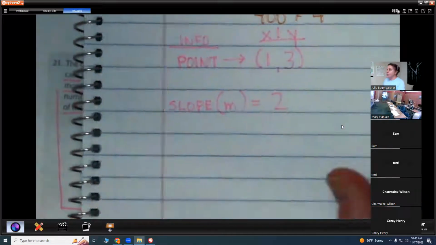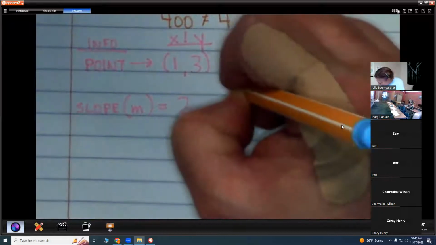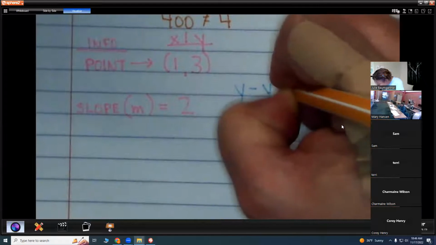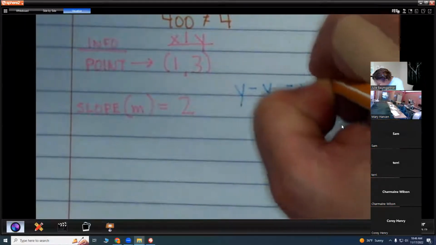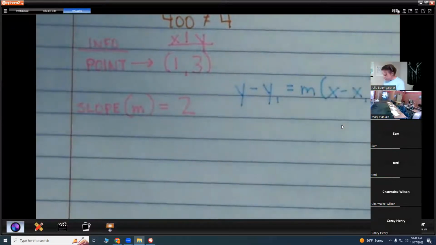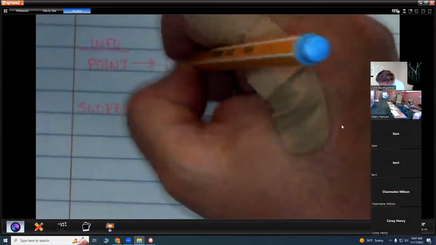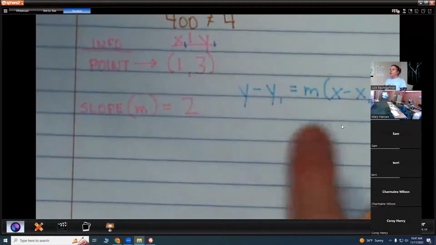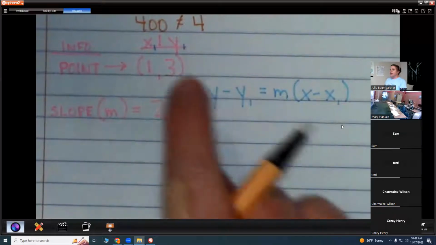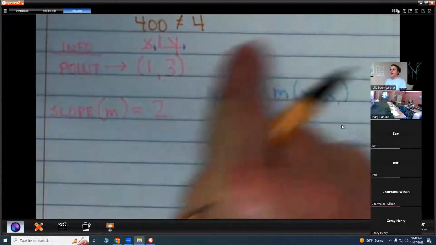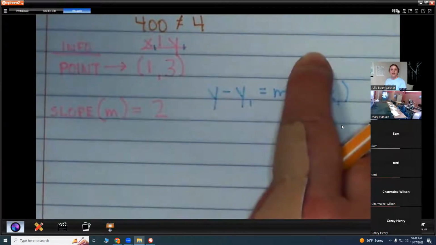So remember that our point slope formula is y minus y1 equals the slope times x minus x1, okay? So I need to insert my values into my formula to create my equation for this line, okay?